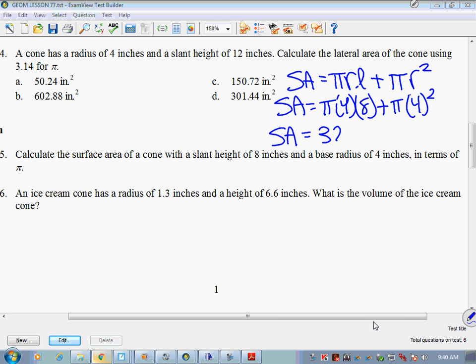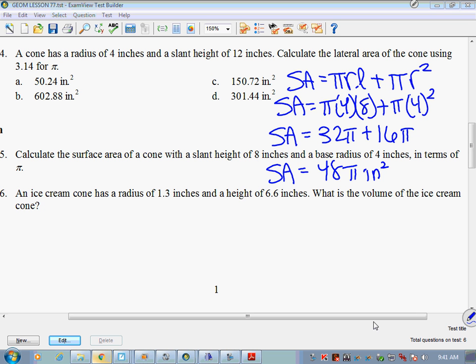So we got 32 pi. What's 4 squared? So we have 16 pi. What's 32 pi plus 16 pi? 40? No. 48 pi inches squared.